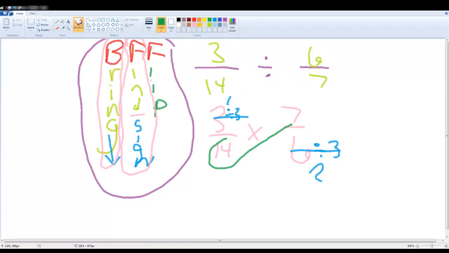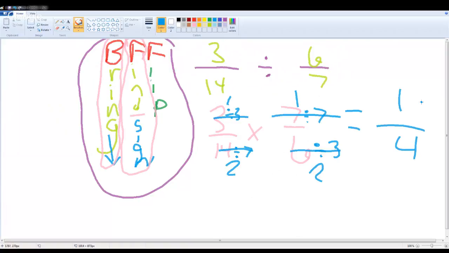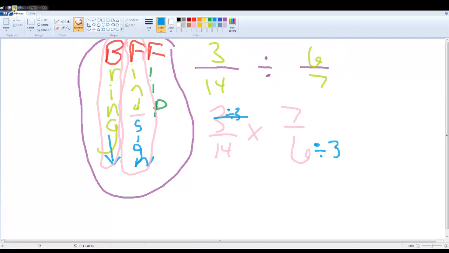And then you look and you're like, can this be reduced? Oh, yes, it can. 7 divided by 7, 14 divided by 7. So this is 1 and this is 2. So now you can multiply across. 1 times 1 is 1, 2 times 2 is 4. So 1/4. That was very easy.